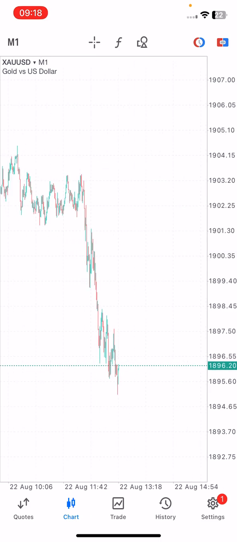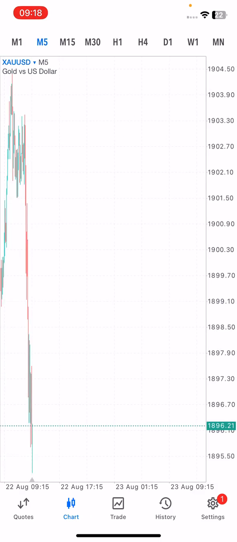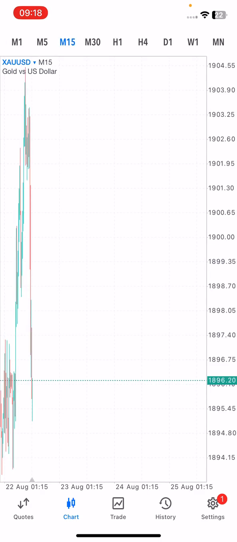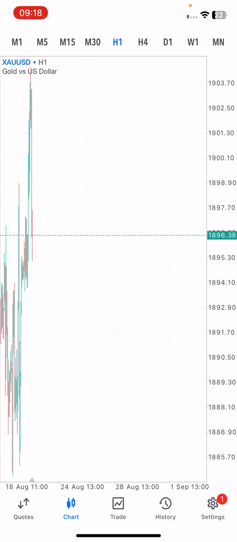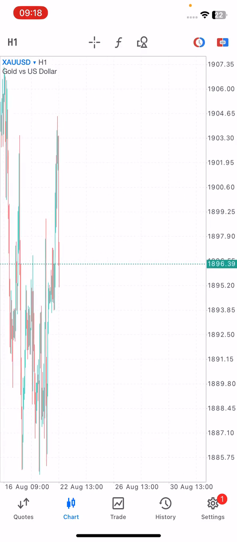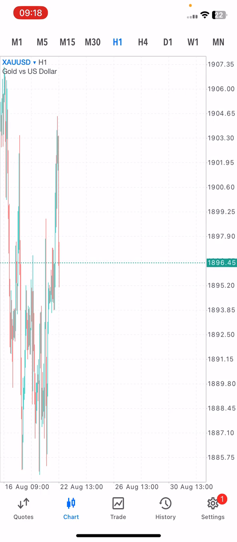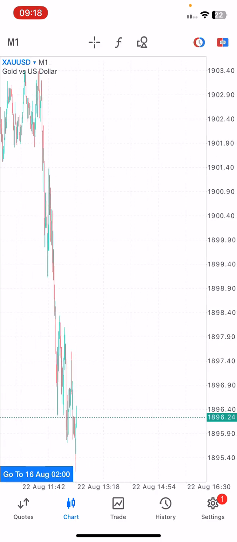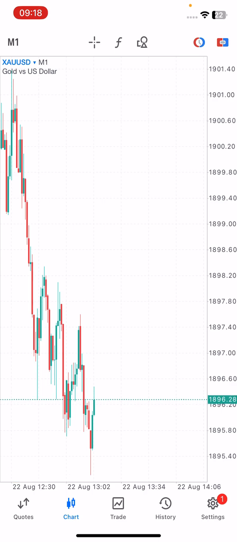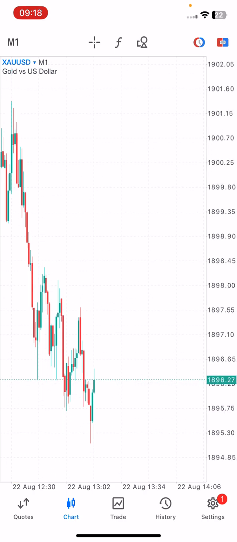Right now, we have M1, M5, M15, M30, H1, H4, D1. M1 stands for 1 minute time frame, all the way to MN, which stands for monthly. So these are all called time frames. M1 will show you the market in 1 minute.